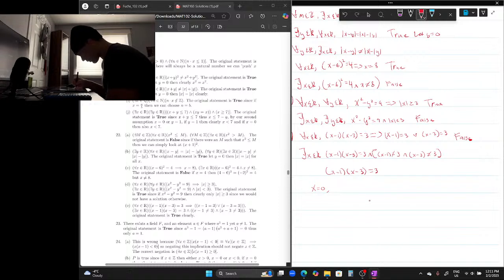X minus 1 is equal to 3, so x equal to 4. 4 minus 1. Oh, I'm stupid. 3 times 1. Yes, that also works. And 6. I don't know what they're thinking there.